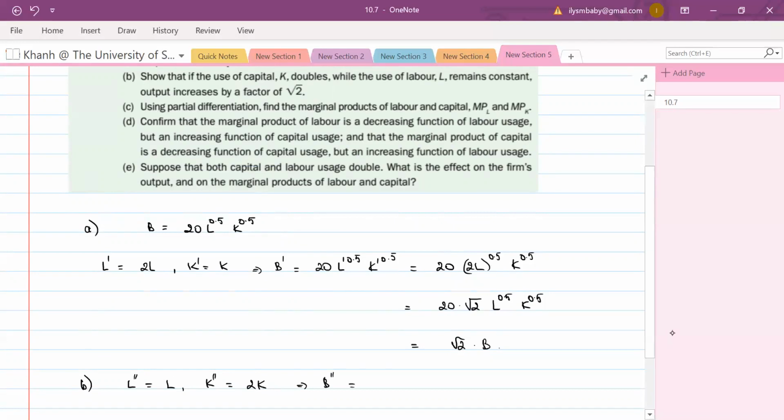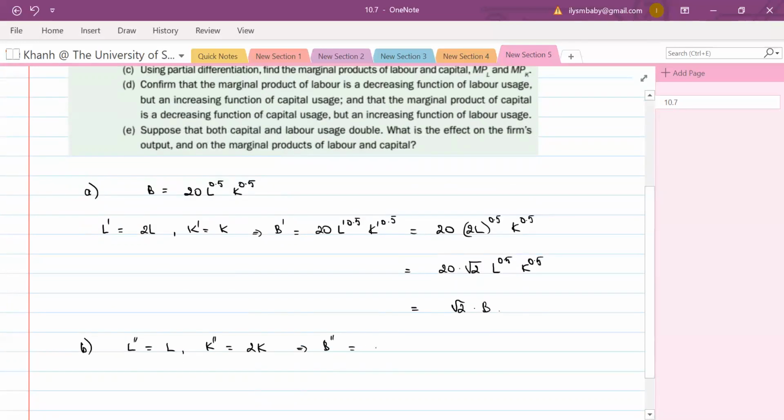So I call it B double dash, which is equal to 20 L double dash to the power half and K double dash to the power half, okay? And so I got 20, L double dash is just equal to L and K double dash is 2K, everything to the power half.